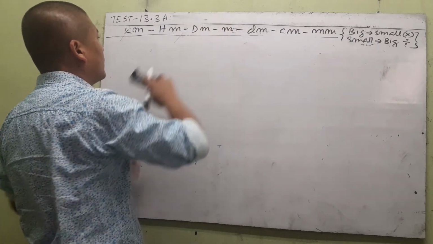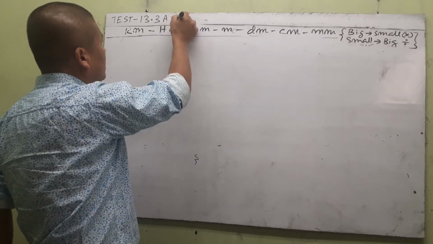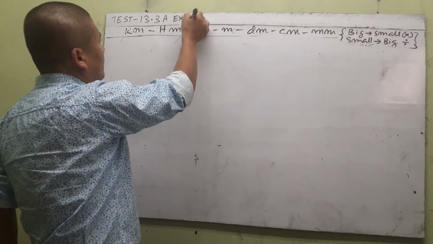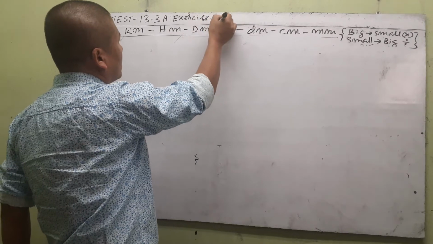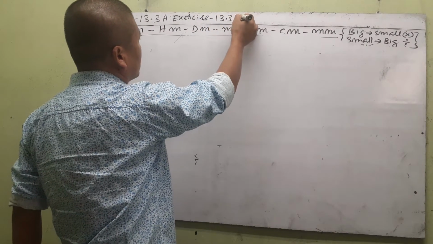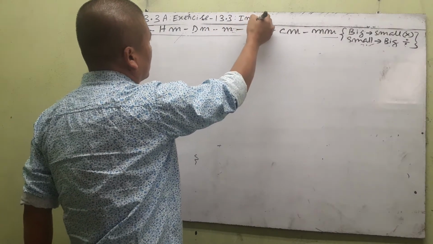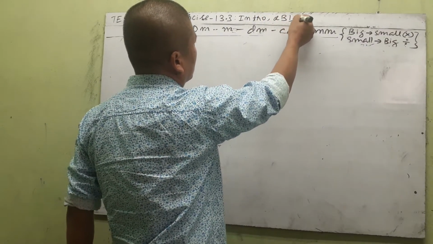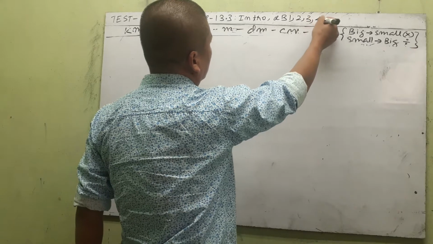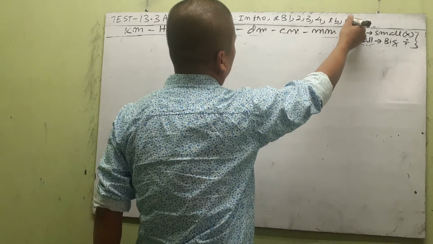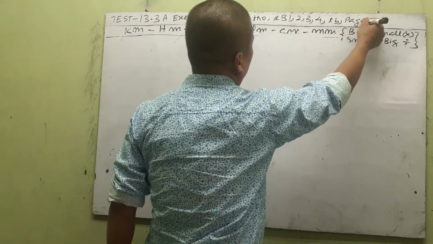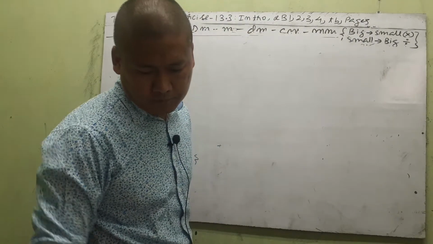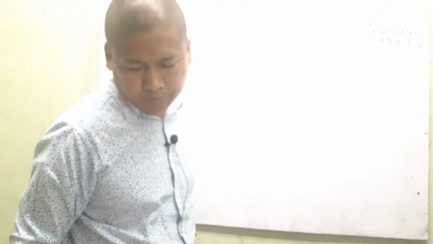This will include the under exercise 13.3. This will include the introduction, the formulas and all. And then question B1, 2, 3, 4. This we'll find on textbook pages.